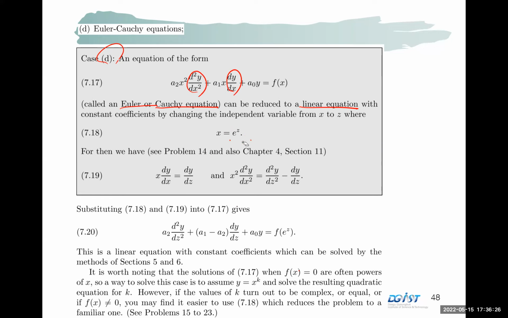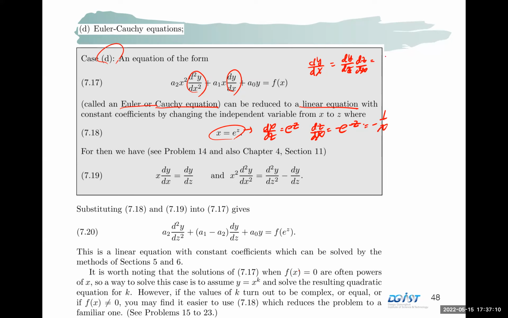So let's take this relation here. dy/dx is dy/dg times dg/dx. Since dx/dg is exponential g, dg/dx is exponential minus g, which corresponds to 1 over x.